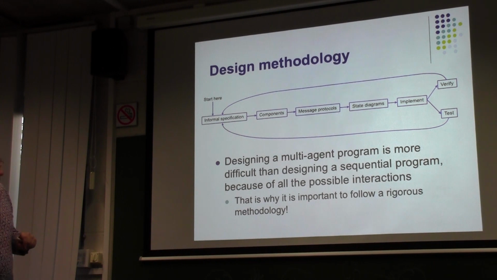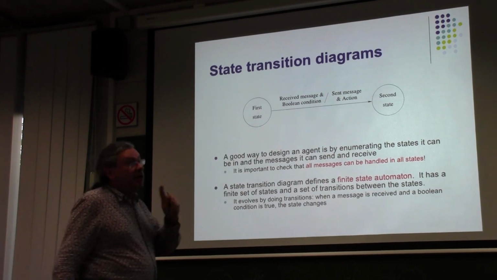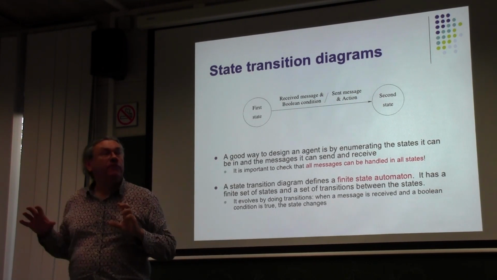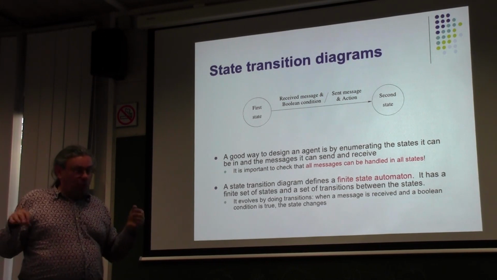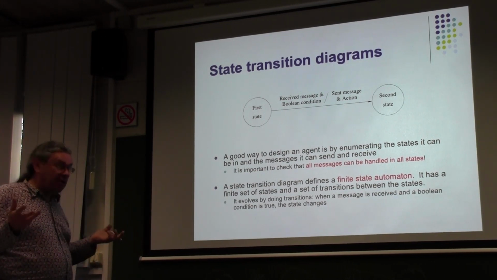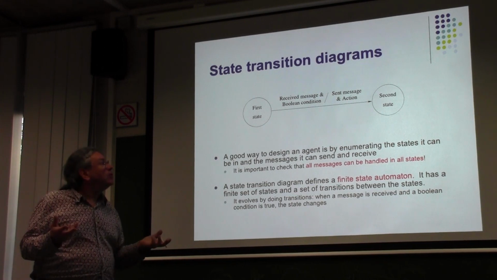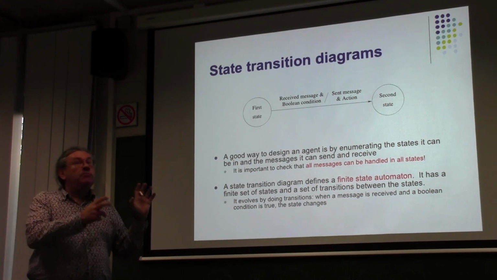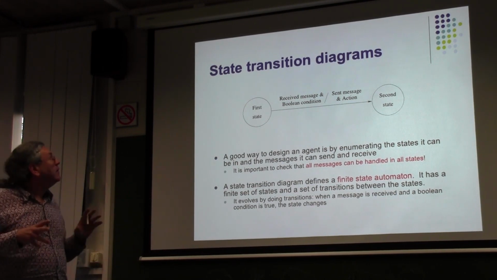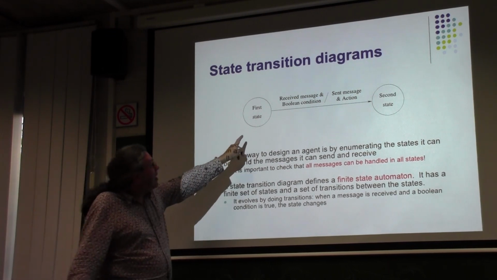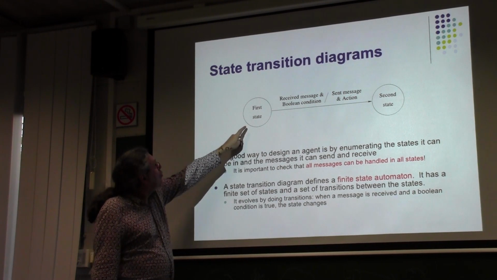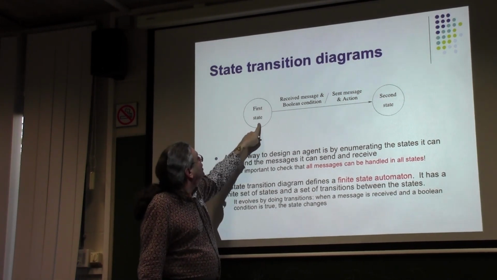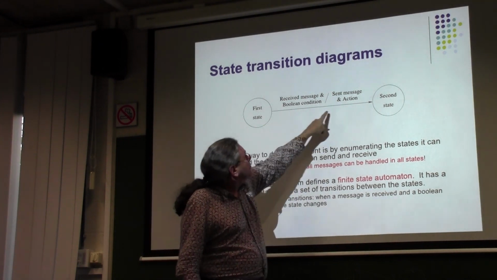One important thing is that the agents have internal state. They are state machines. Any running program is a state machine: whenever the program changes the value of a variable, it's a state change. But here, the state machine is really the heart. So we're going to have a notation of state machines. The states will be these circles, and we will have state transitions.